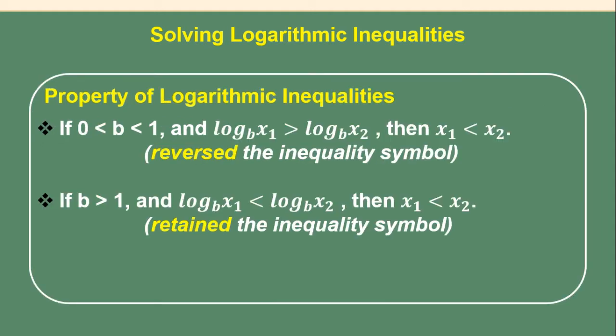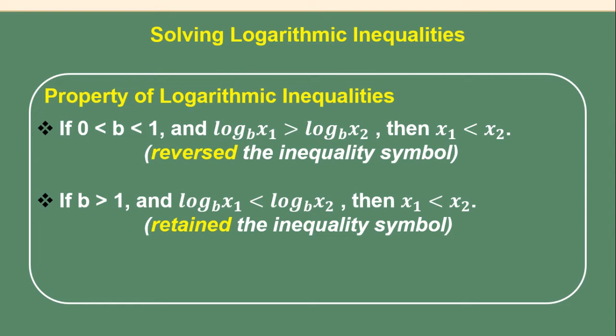Okay, so these are the properties that you need to remember when you solve logarithmic inequalities. First, if b, or the base, is greater than 0 but less than 1, and log of x sub 1 with the base b is greater than log of x sub 2 with the base b, then x sub 1 is less than x sub 2.